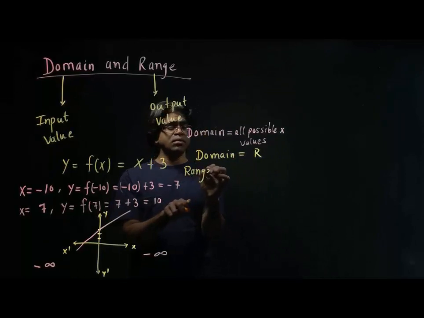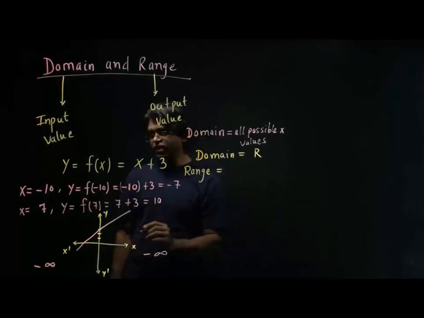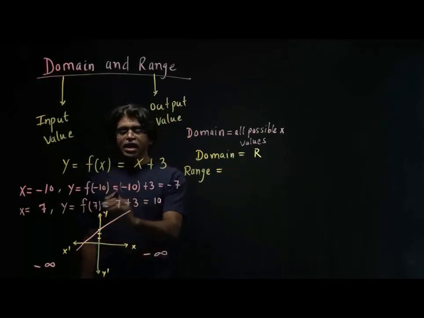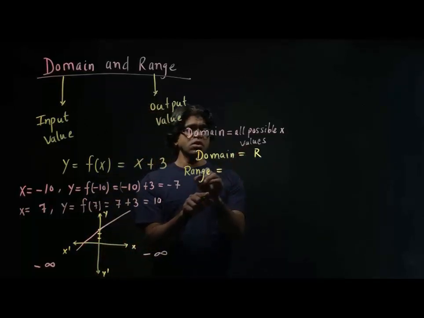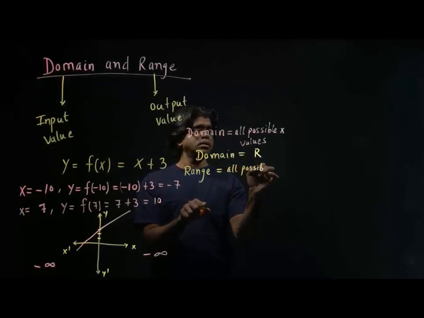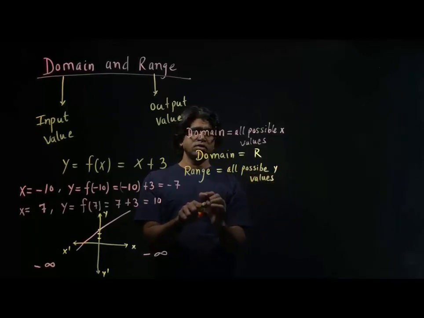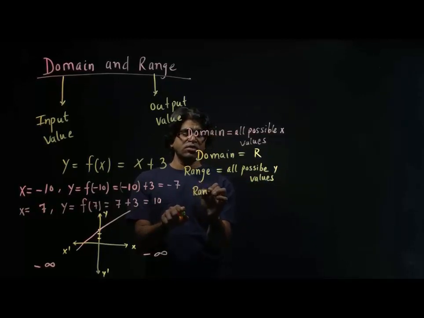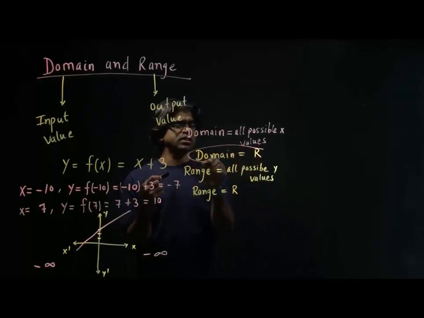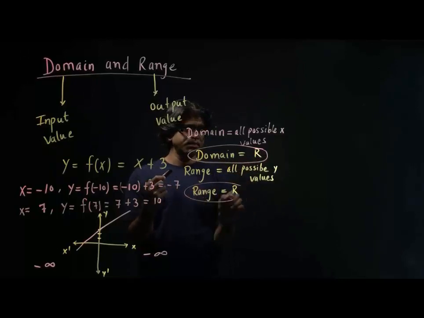For the range of this function, as you can see, this goes to negative infinity and this goes to positive infinity. So the range for this particular function is all possible y values. So the range is R, like a number line. So the domain and range for this function is a number line.